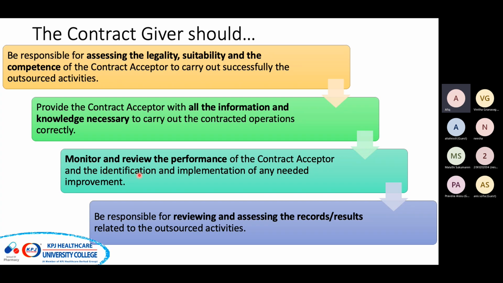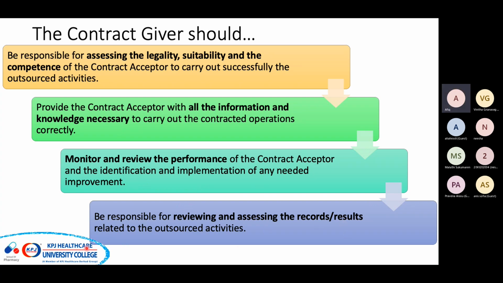These are not really done every day, but there is an acceptable time frame for the contract giver and also the contract acceptor, so that their people, I mean the contract giver's people, can come to the plant of the contract acceptor and see how the process is being carried out for the outsourced activity.